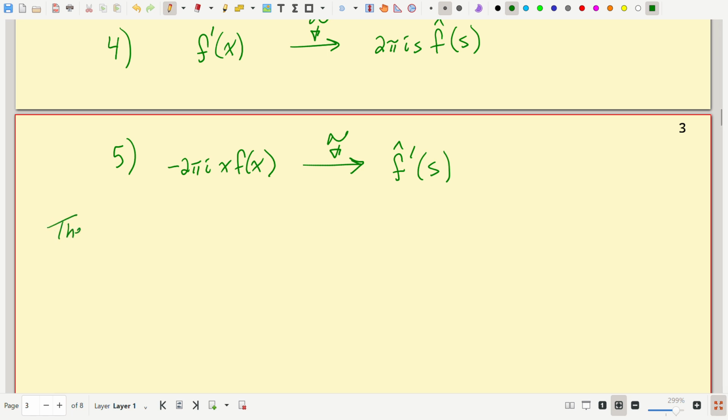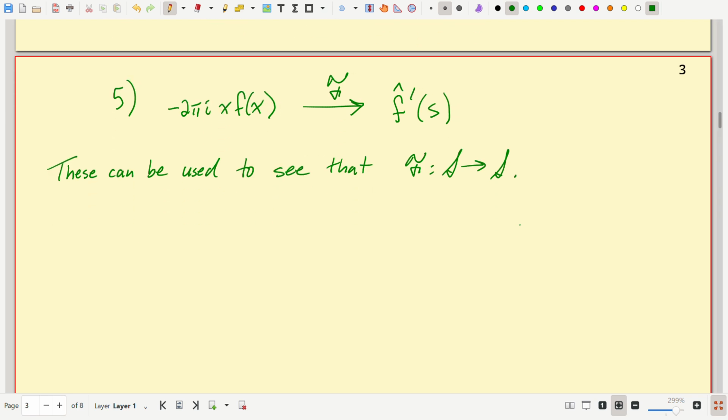So these can be used to see that the Fourier transform takes the Schwartz space into itself. And the proofs just involve changes of variables and integration by parts.